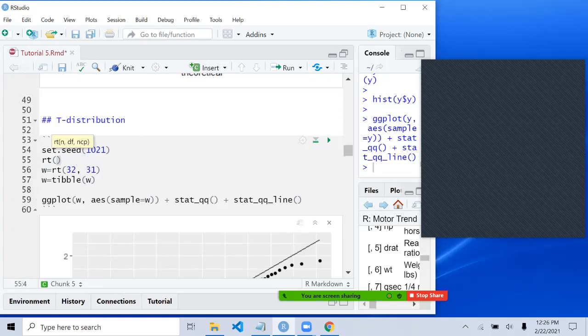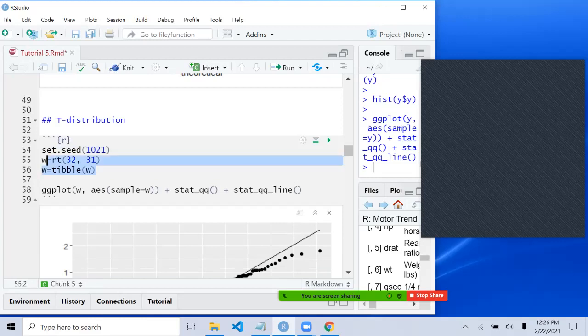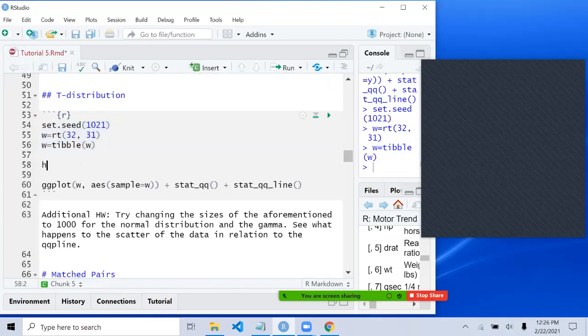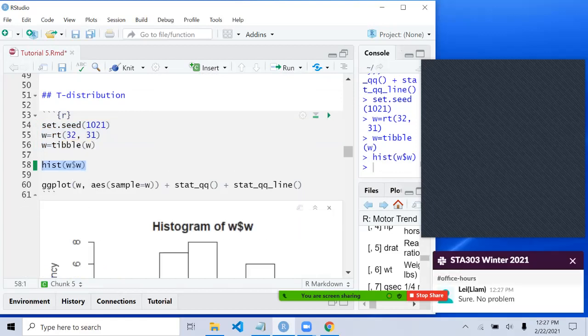So n is 32, then n-1 is 31. Now if I run this and make a tibble, and even look at the histogram just for fun, where W$W is me pulling out the vector W from the tibble W, it will look like the following.